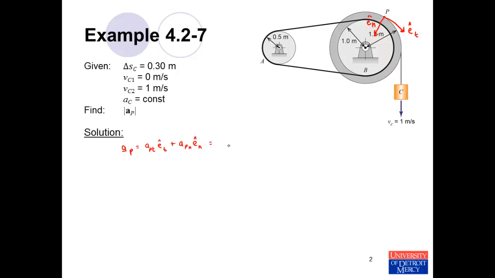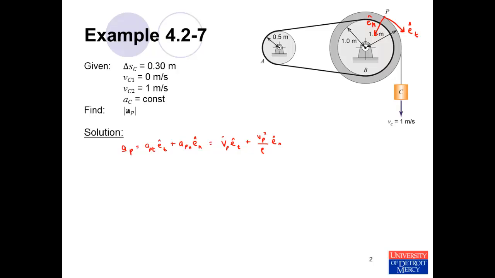Where the tangential component is the rate of change of the speed of the particle along the path. And the normal component is equal to its velocity squared divided by rho, the radius of curvature in the normal direction.